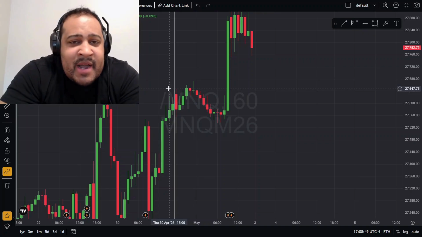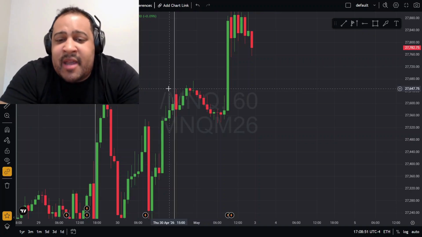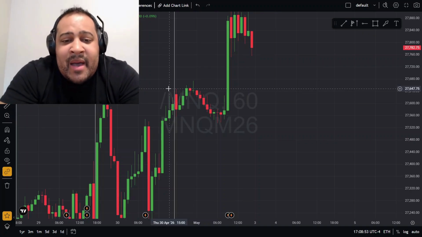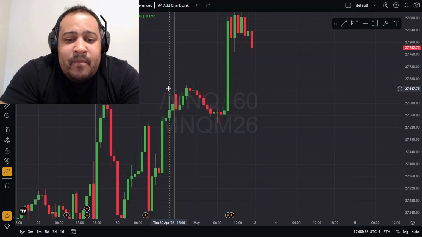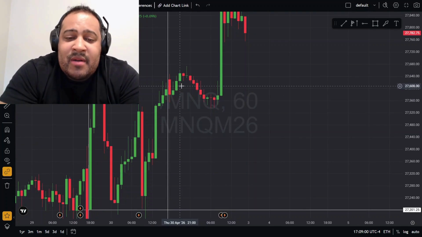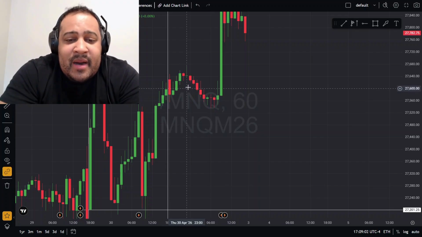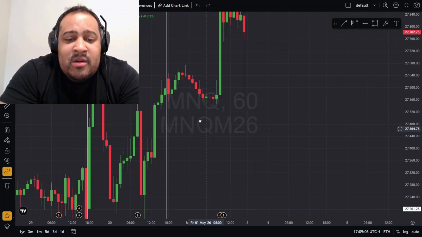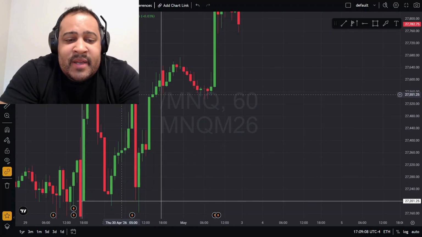I didn't even doubt it in my mind. I woke up this morning thinking buy. We had this clean break of structure, so I was just waiting for the pullback. Even though we did take out this candle, look what we had right here. We had this area right here that broke structure. So this whole area right here was a buy area for me.